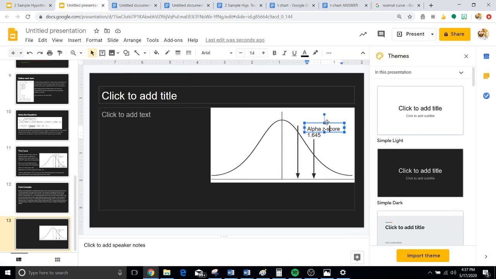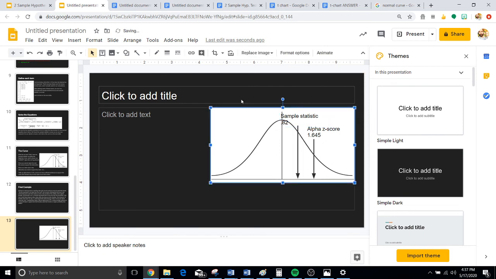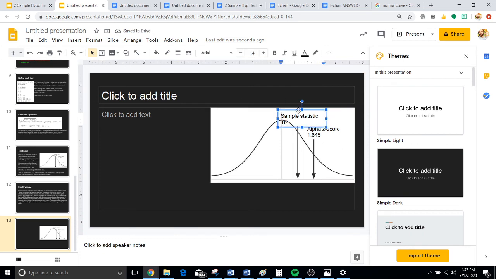So our sample statistic, as we said, that one is going to be 0.82. All right, so we now have our sample statistic and our alpha z-score.